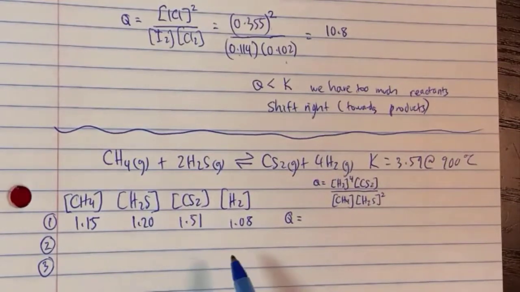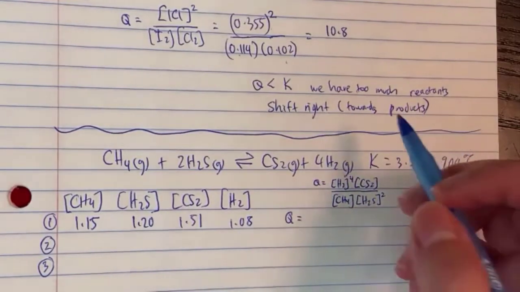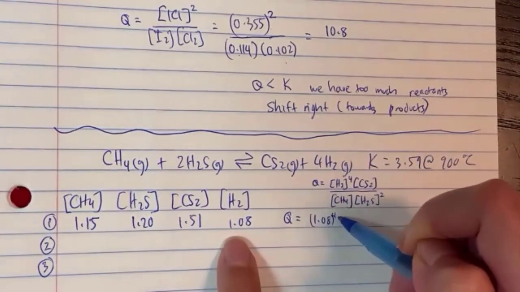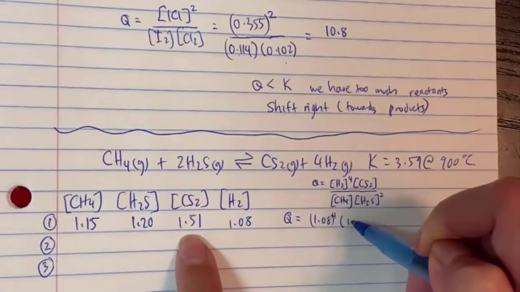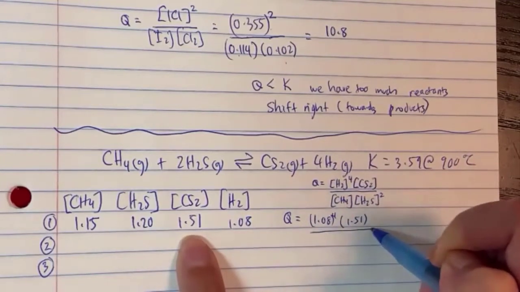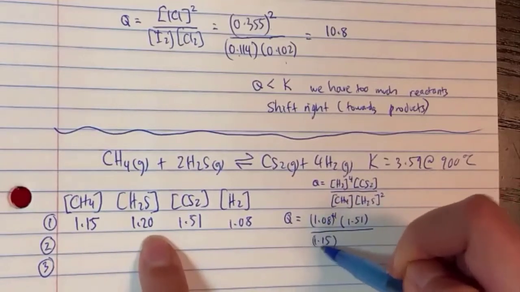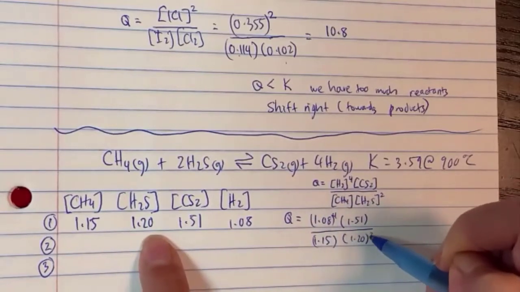Okay, so in this case, the Q would be 1.08 to the power 4 times 1.51 divided by 1.15 and 1.2 squared.